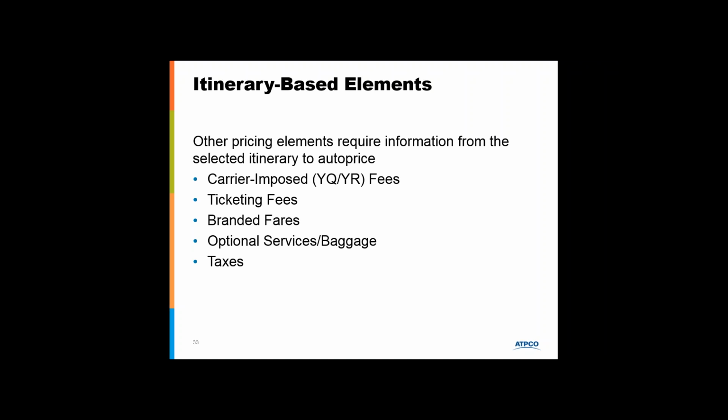In looking at itinerary type elements, we have the carrier tax that they wish to impose, called YQYR, a ticket fee if they wish to impose that on the passenger, and branded fares. This is a new view for fares, showing not just your lowest priceable fare, but looking at different varied options that a passenger could have.